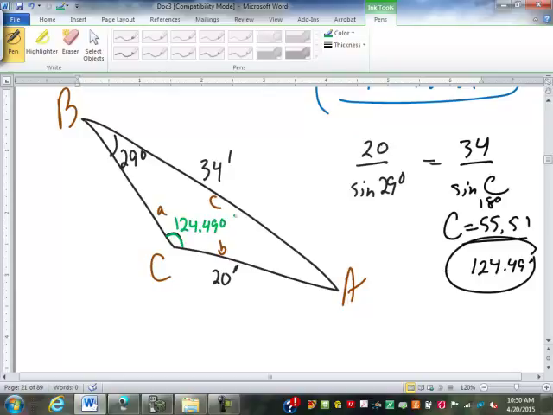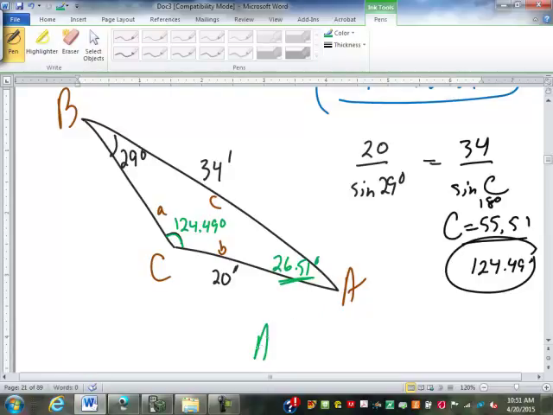So now that we know that's 124.49, we can find this one over here by subtracting them all from 180. That's 26, not 36, isn't it? 26.51 degrees. We need that angle to find the area, though.